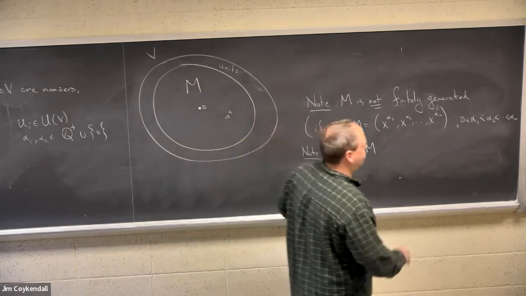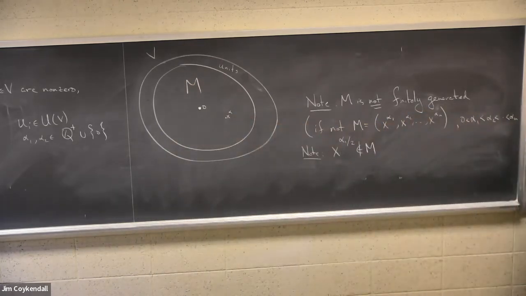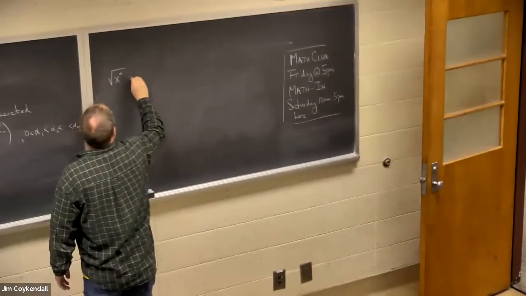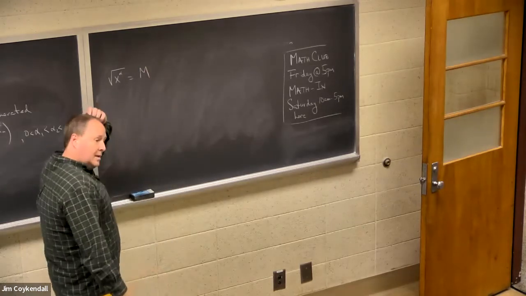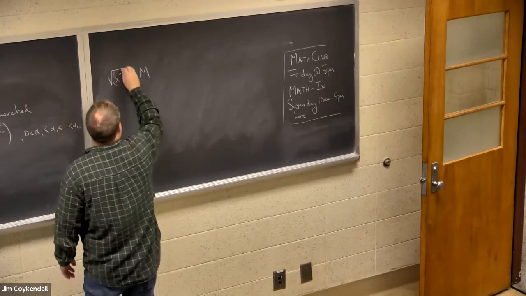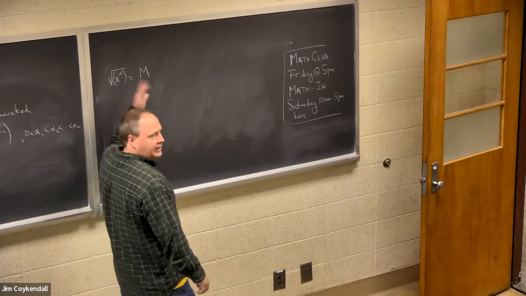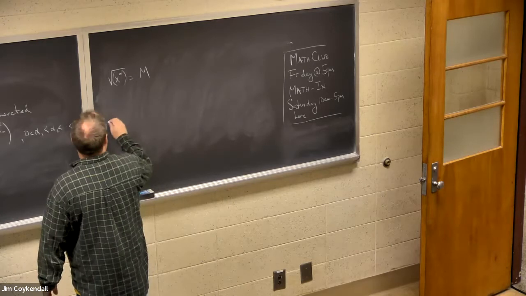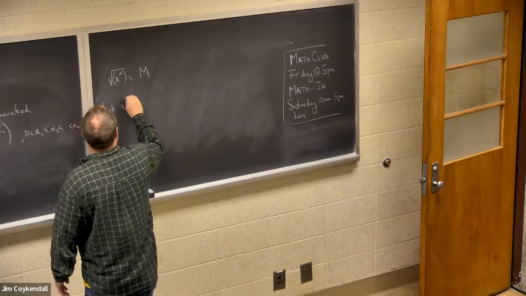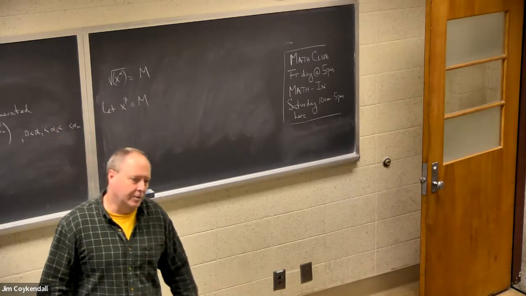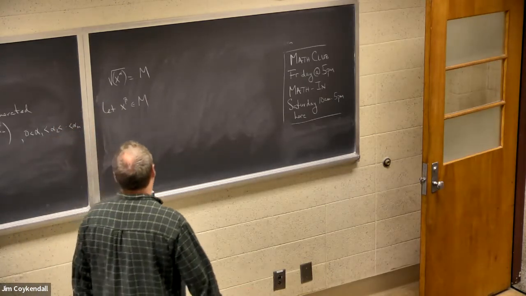Because notice that, the radical of, let me make that clear. The ideal generated by x to the alpha is M, where alpha is anything bigger than 0. I'm being a little sloppy because I'm only writing exponents here, but again, up to units, that's all I need.